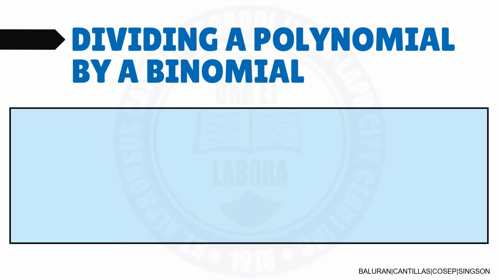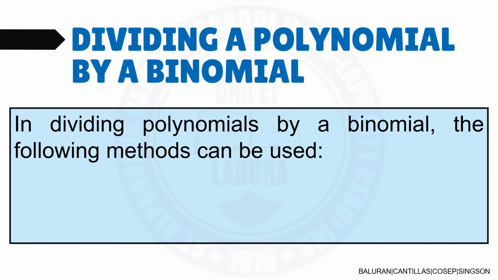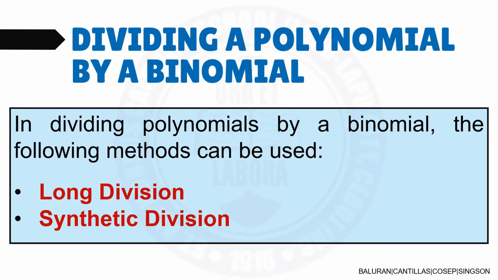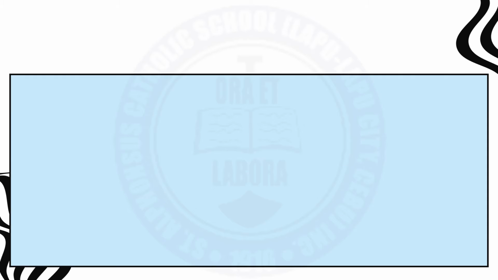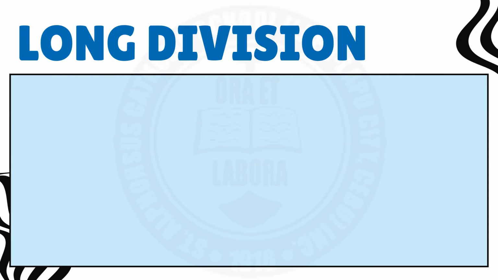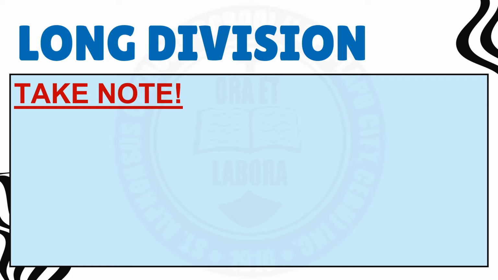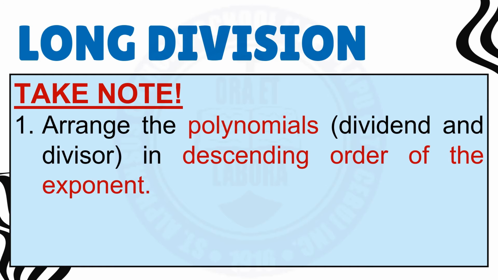Dividing a polynomial by a given binomial. In dividing polynomials by a binomial, the following methods can be used. So we have long division and synthetic division, or the shortcut method. Let us first begin with the long division. In dealing with long division, we have to take note of the following.